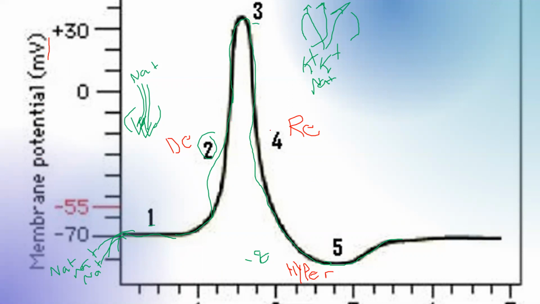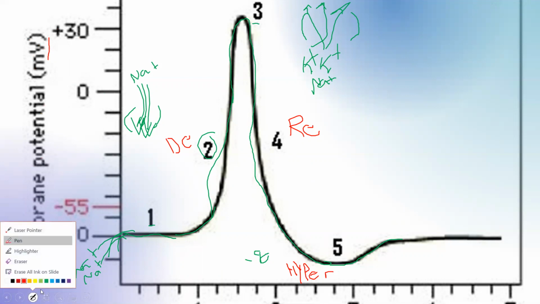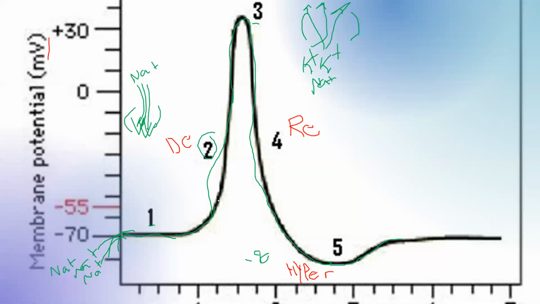Now, let's talk about a couple things. Let's use orange. The absolute refractory period is right around here. Anything above this orange line is your absolute refractory period.